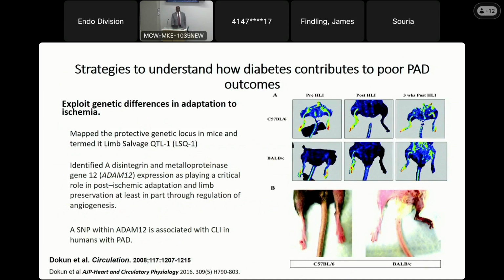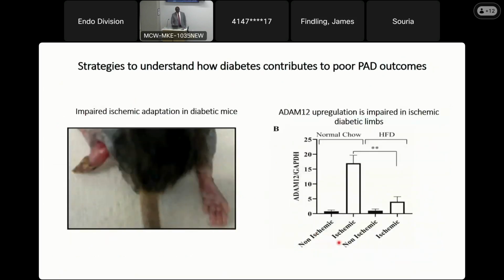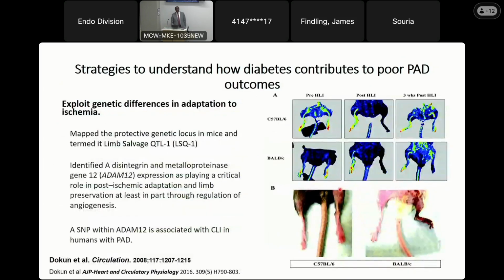So the black 6 mouse, if you induce ischemia, or experimental PAD, using the femoral artery ligation that I showed you, they have a tendency to recover very well. These mice over 2 to 3 weeks will start using their limb as if you never operated on them.